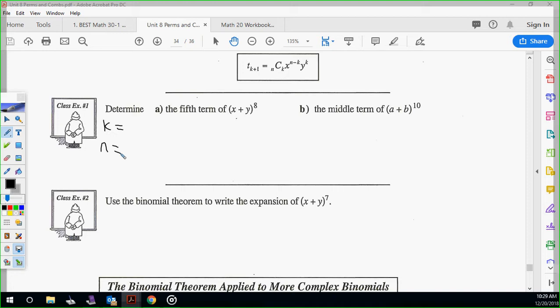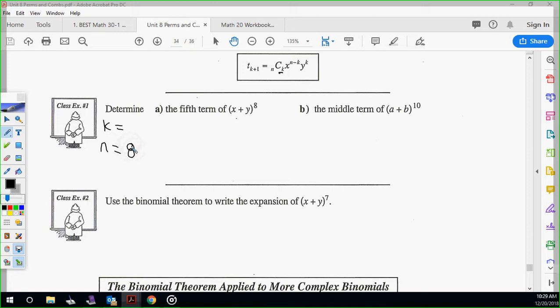The k is always going to be what? So we start with what number for our combinations? No, which one do we start with? 0. You start with 0, right? Your first one is 6 choose 0. I'm talking about k right here. Oh yeah, no, n is 8. That's the easy one.